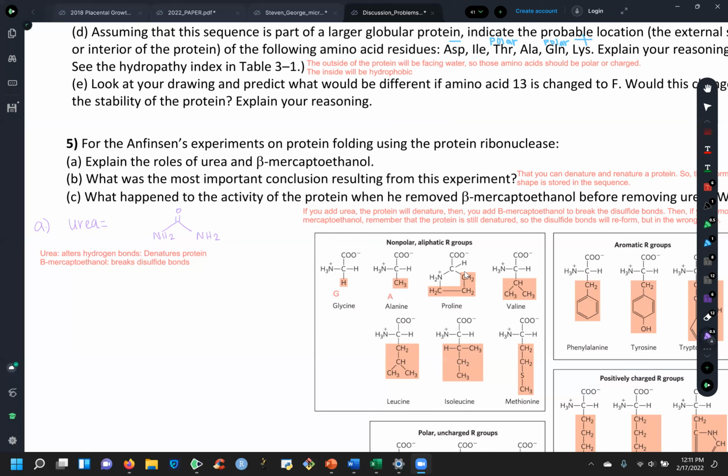It's going to be denatured, but any disulfide bridge that was there is still there. It's still attached because that bond is really strong. Those are covalent stabilizing bonds. So those guys are still there.